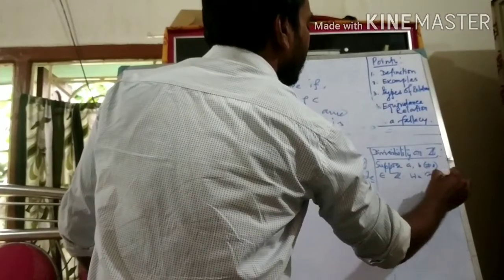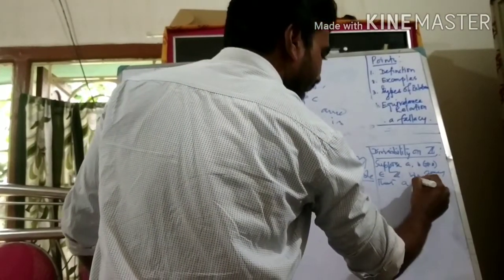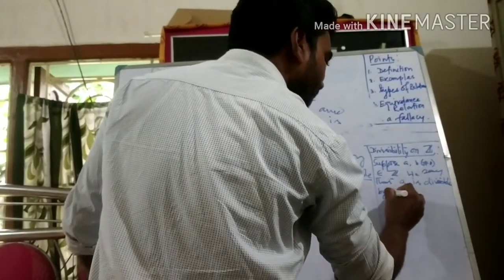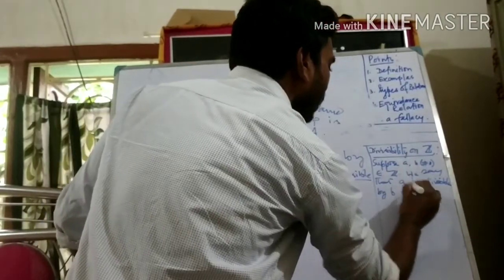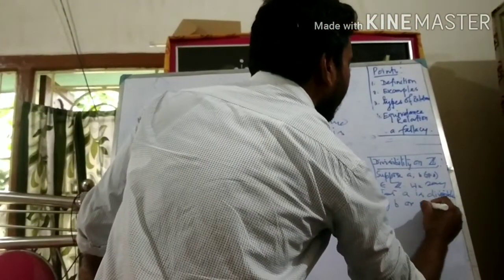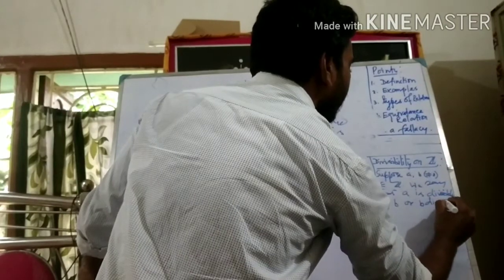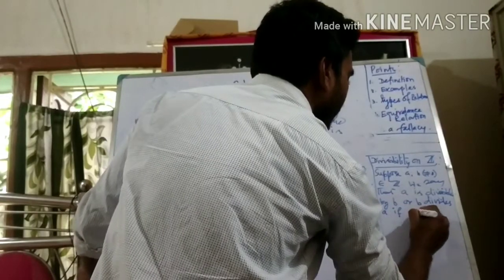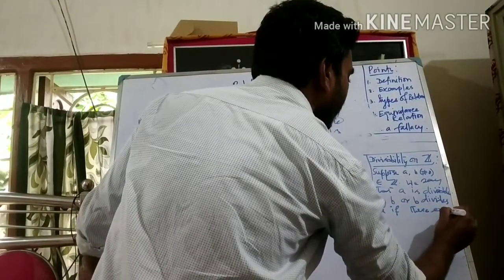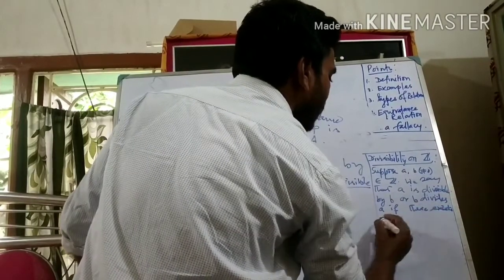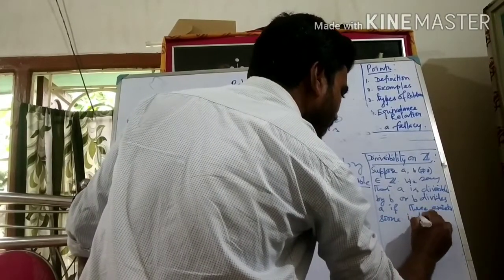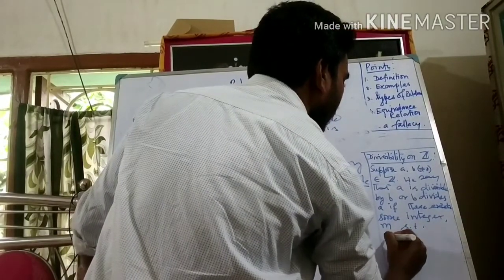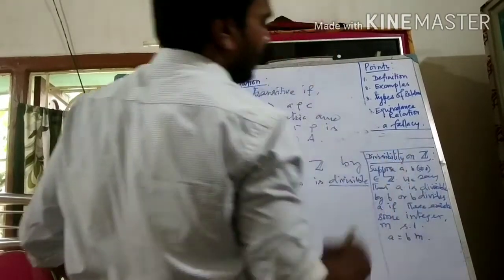We say that A is divisible by B, or B divides A, if there exists some integer n such that A is equal to B times n.